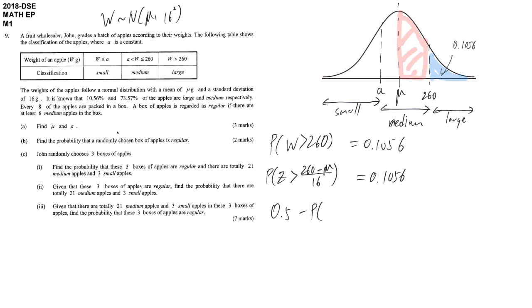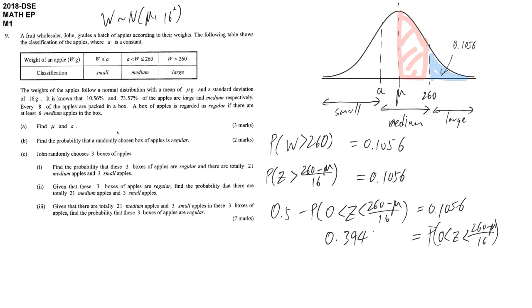The red region is the standard score between 0 and (260 minus mu) over 16. So the red region is 0.3944, and then we can search this area from our table.